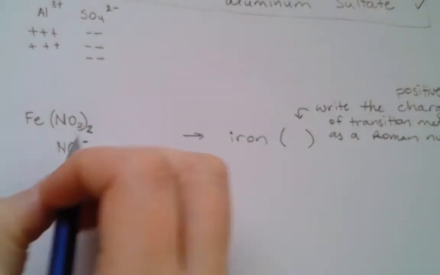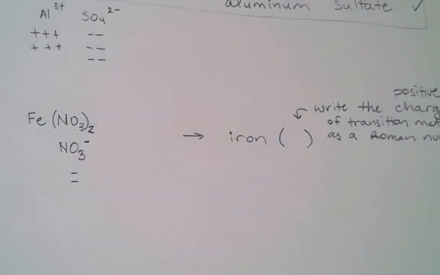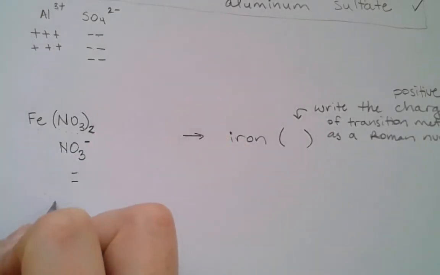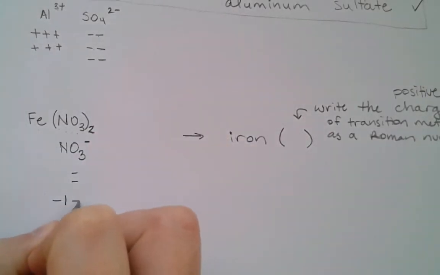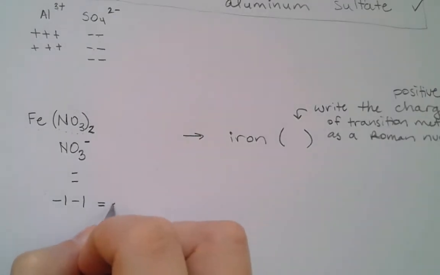You've got a charge of -2 because you have 2 nitrates. How many iron ions do you have? 1 iron. And you know that this thing has got to be neutral. So you're going to write the sentence, something -1 -1. You know it's got to be neutral. The net charge is going to equal 0.